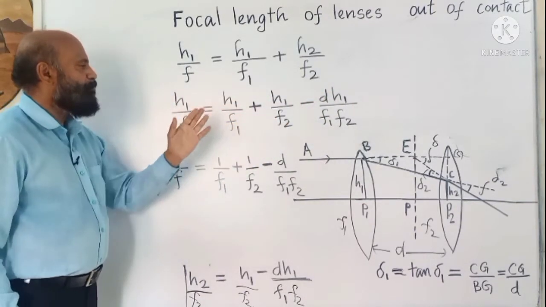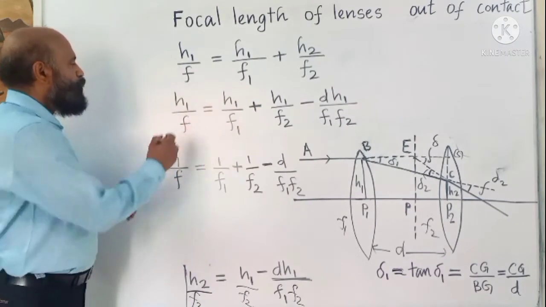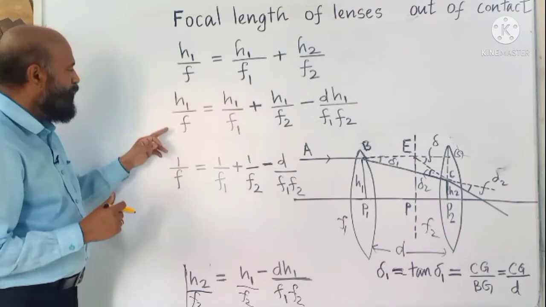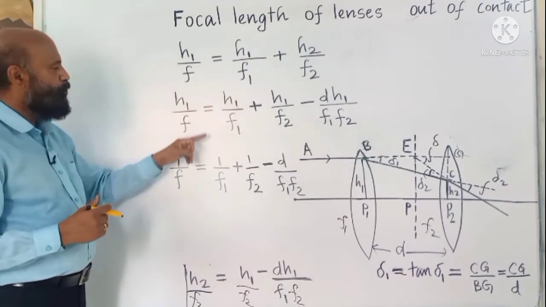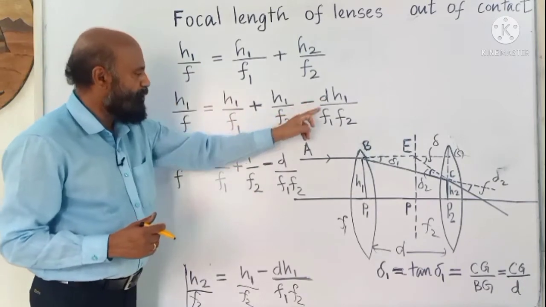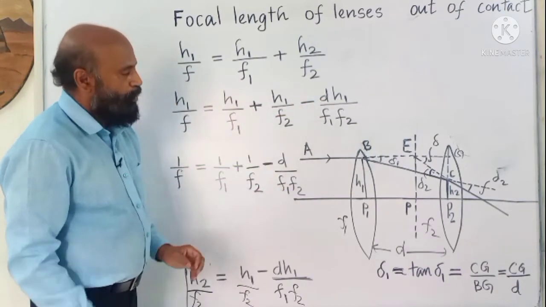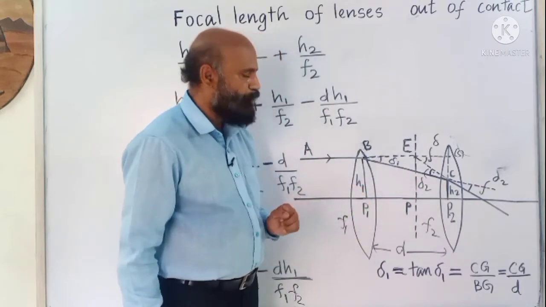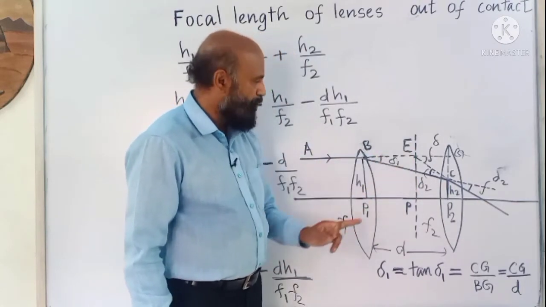So every term you divide by h1, so this h1 will get cancelled. So it will be 1 by f is equal to 1 by f1 plus 1 by f2 minus d by f1 f2.